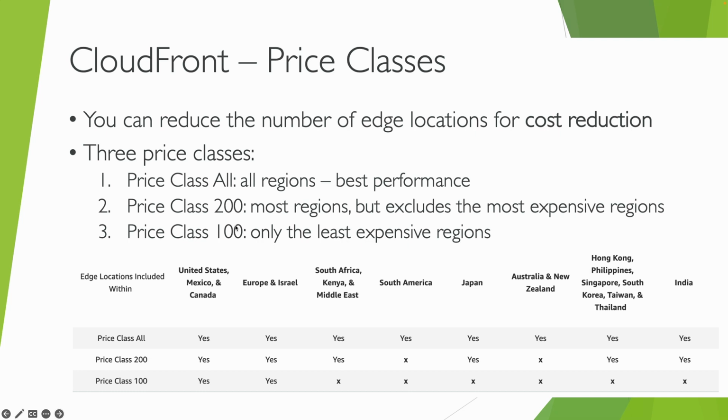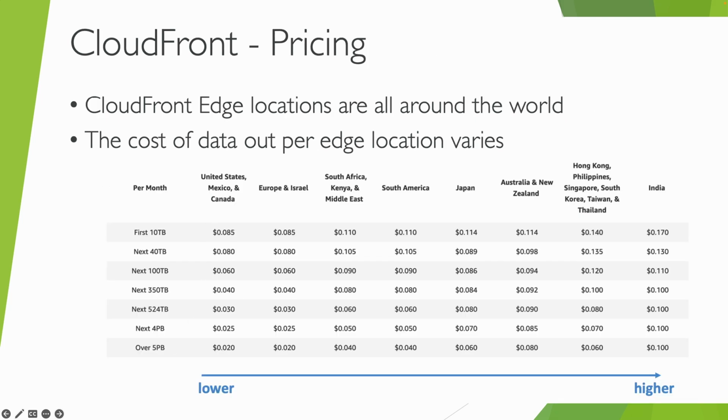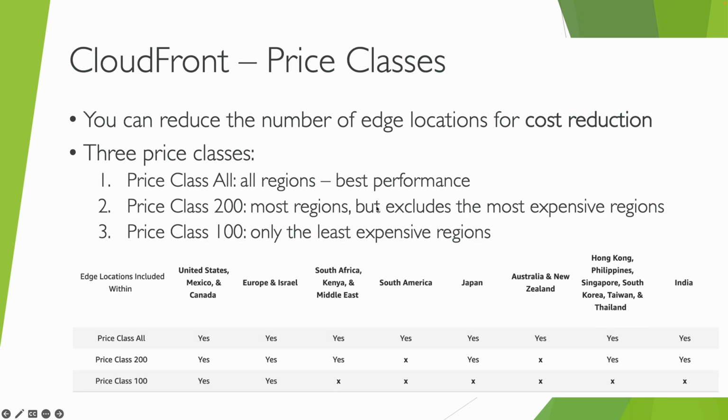Here we have the expensive regions and the least expensive regions. If you pick Class 200, most of the regions will be available, but the expensive regions will be excluded, that means the India region or the Asia region will be excluded. If you go for Class 100, only the least expensive regions will be available.